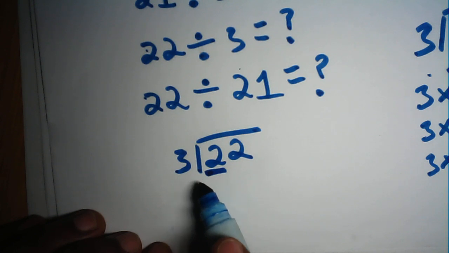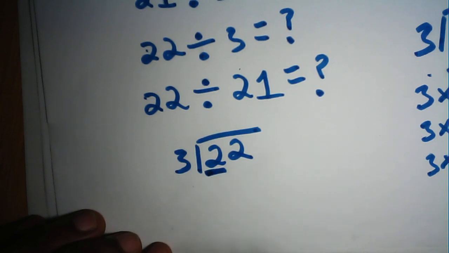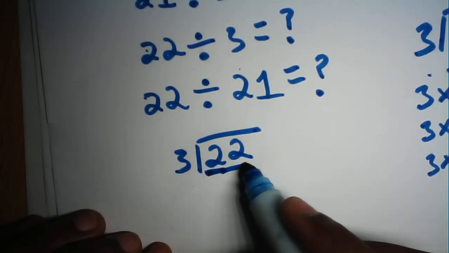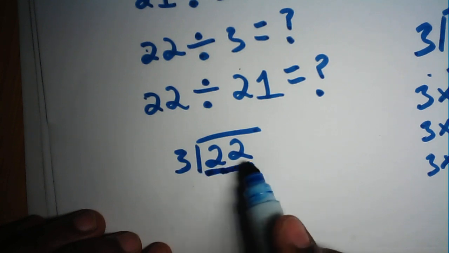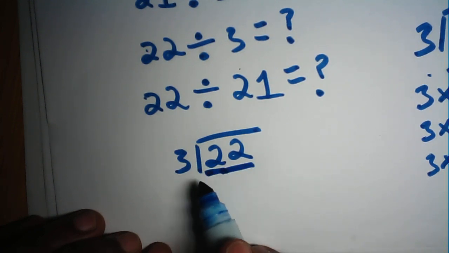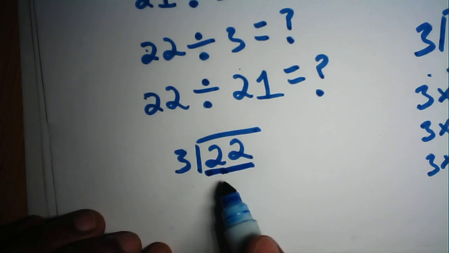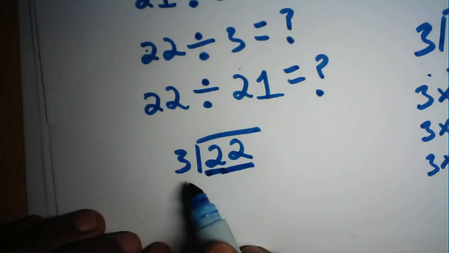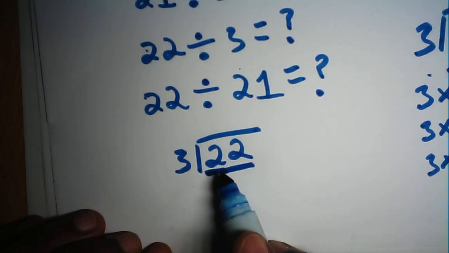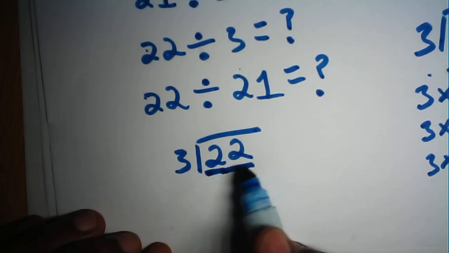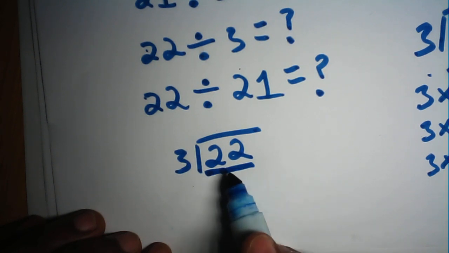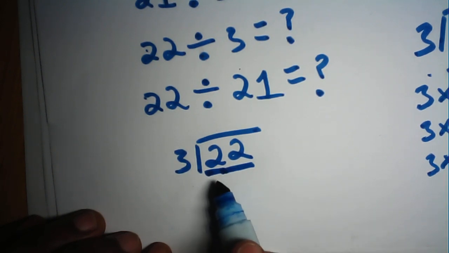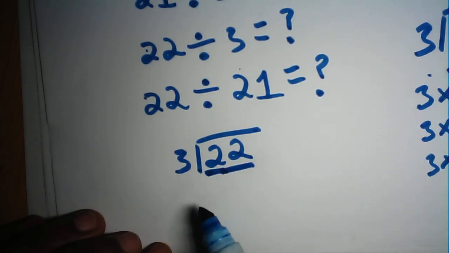We see that 3 times 1 is bigger than 2, so there's no way we can divide that, so we skip over. Now 22 is bigger than 3, therefore we can divide it. So what's the closest multiple of 3 that is less than 22? We don't want it to be bigger. The closest multiple would definitely be 21, because 21 is 1 under.